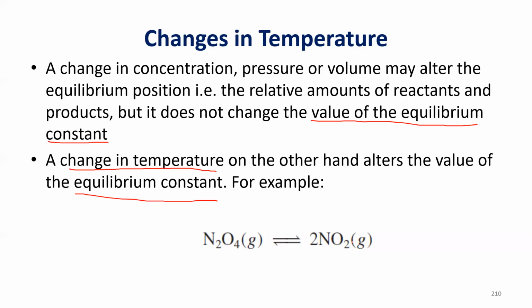Now, this reaction has a forward reaction and a reverse reaction. The forward reaction is endothermic in that it absorbs heat for N2O4 to dissociate. The reverse reaction is exothermic in that it results in the release of heat.